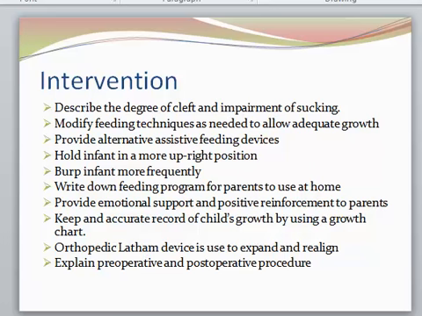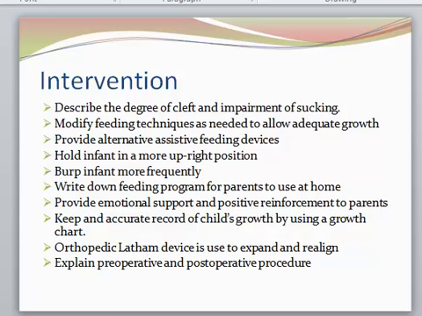As you'll see on the patient-centered teaching, home care of the child with cleft lip or palate, I'll go over some of those, and those are all important, especially when you're teaching the parents about the specifics of how to feed their child and how to manage them at home. So we want to make sure that we modify those feeding techniques.